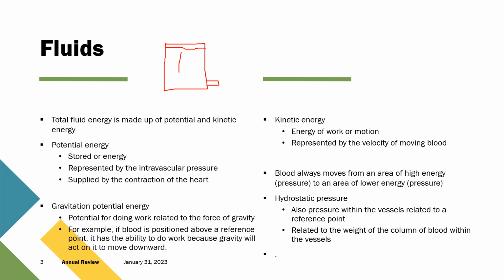So it has potential energy, and then it also has kinetic energy as it does flow out the spout. So fluids can flow from one area to another, take the shape of their container, and therefore they have potential and kinetic energy. That potential energy is the stored energy. So that's energy that is going to cause motion because of the pressure of gravity in this example.